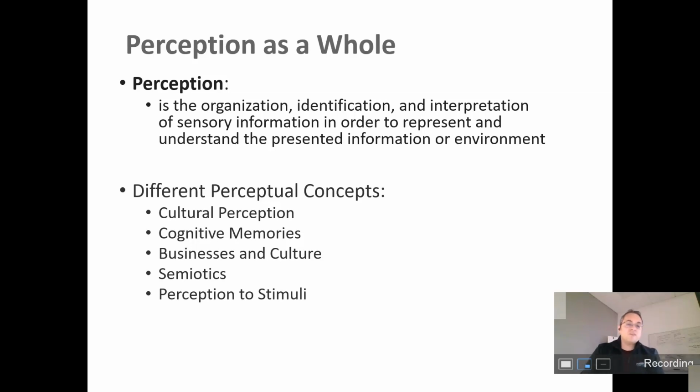You also have perceptions that focus on businesses and culture, how they should apply perceptions and build images based upon the different cultures and environments that they go after. We also have semiotics and perception to stimuli, how perceptions are affected from stimuli and how semiotics are driven from science. That's what we're going to be focused on the next 2 weeks.